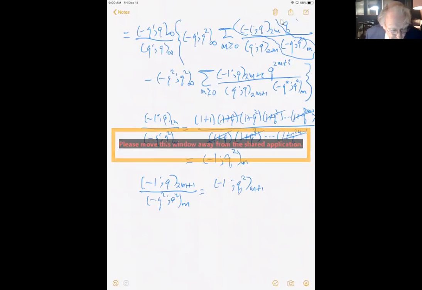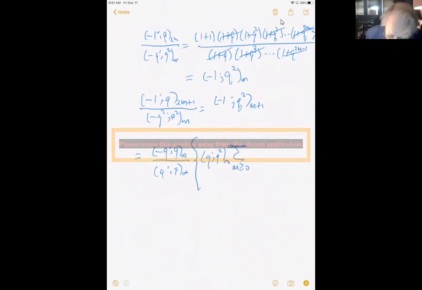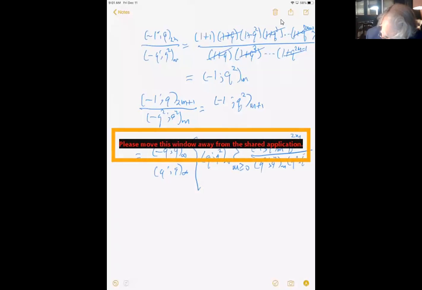As a result, the expression that you wind up with here is minus q infinity, q infinity, q semicolon q squared infinity, summation m greater than or equal to 0, minus 1 semicolon q squared, q to the 2m divided by q squared sub m, and q semicolon q squared sub m.